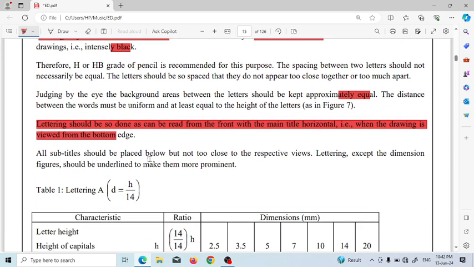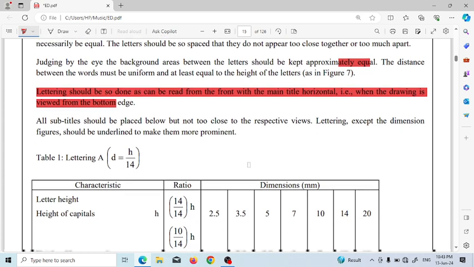All subtitles should be placed below, but not too close to, the respective view. Lettering except the dimension figures should be underlined to make it more prominent. So we have to underline all lettering except the figures.